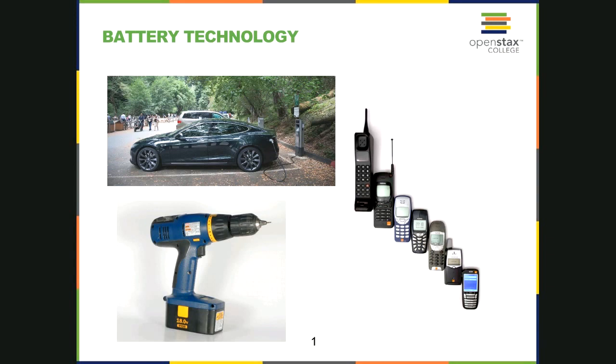You know, we wouldn't have the Tesla, wouldn't have battery powered vehicles, which is pretty important. Wouldn't have cell phones, although all these cell phones in this picture are totally out of date. But anyway, you still get the idea that an enabling technology for modern devices is batteries.